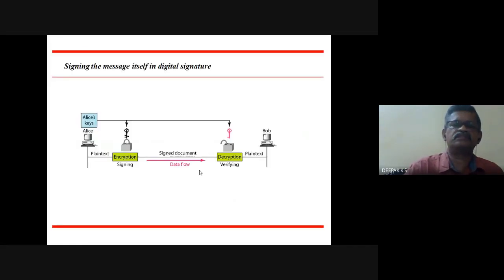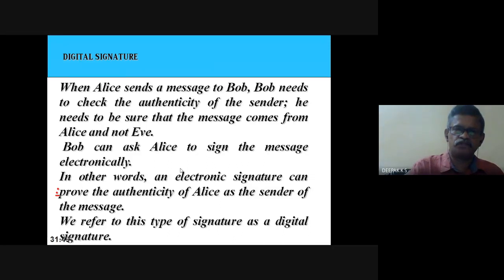This is the method of signing a document, the method of digital signature. When Alice sends a message to Bob, we are continuing with the authentication part. We saw the MAC, message authentication code.